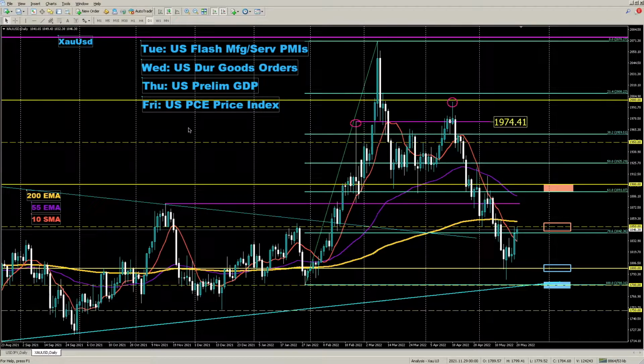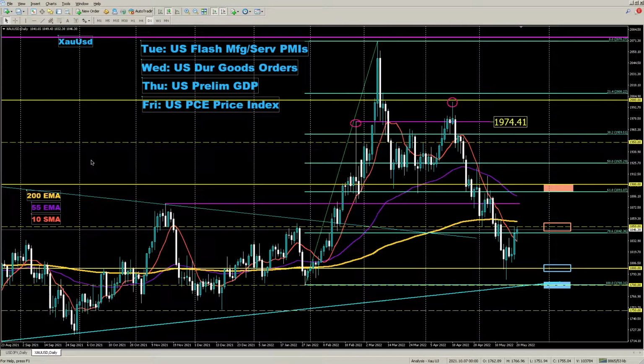But the key one to watch out for will likely be the price index on Friday, which is related to the inflation figures. But likely before that, there could be movement to resolve where the US dollar is going to move in relation to the other pairs.